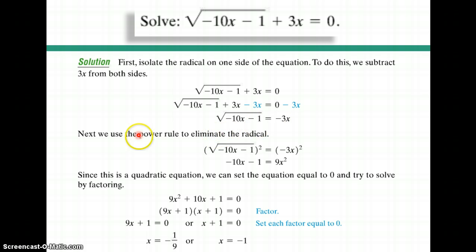Now using the power rule, we can eliminate the radical. Because the index of the radical is 2, raise the power 2 to both sides of the equation. So we have minus 10x minus 1 equal to 9x square.